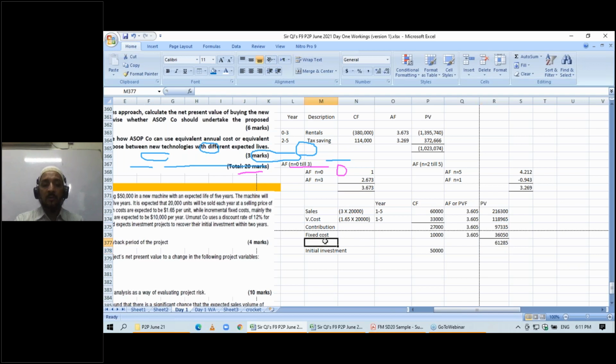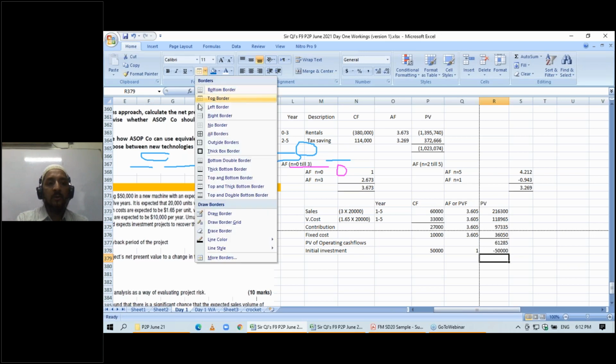This is the present value of operating cash flows. All the operating expenses have been deducted from the sales, and then we deduct the present value of 50,000, which will remain 50,000 only, right? Because it is payable immediately at the time of making the decision. So when we deduct the initial investment from the 61,285, we get the net present value.